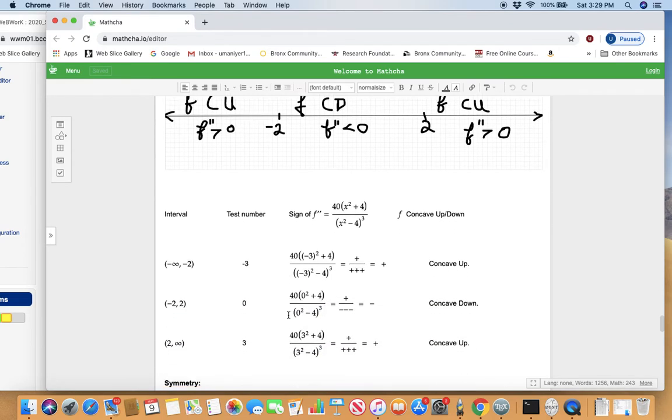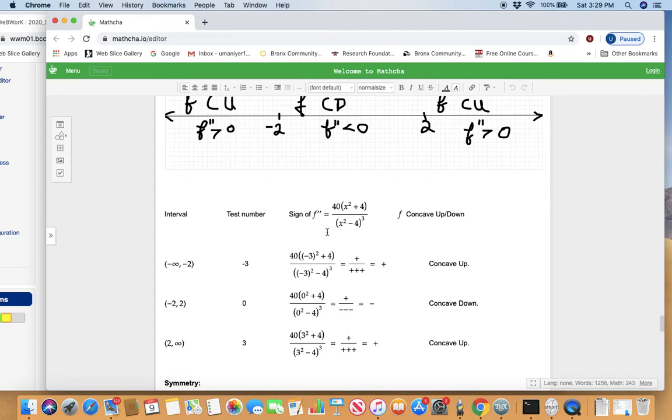Now I have 3 intervals: 1, 2, 3. I chose a test point from each interval and plugged it into the expression for f double prime, and I am worried only about the sign. I don't care about the final value, only the sign. I substituted and received these signs.